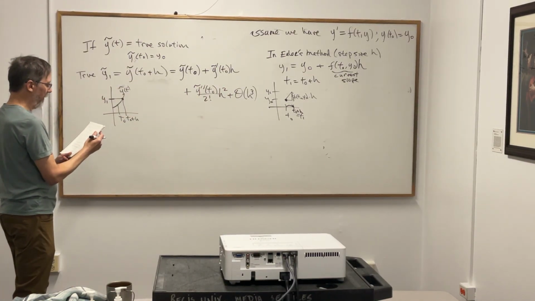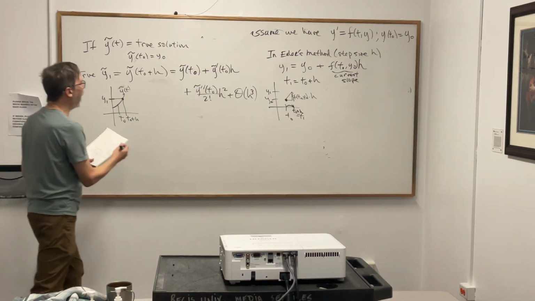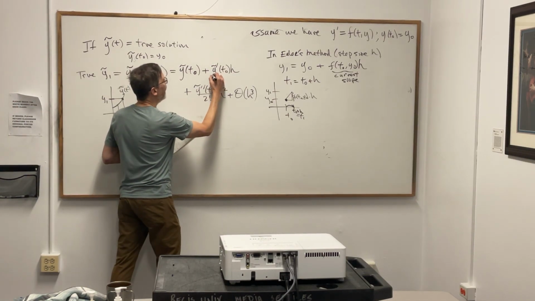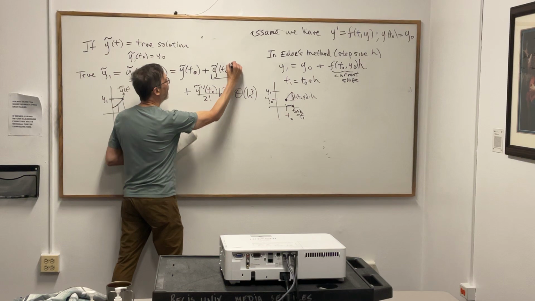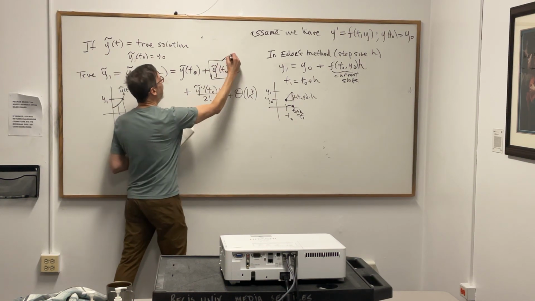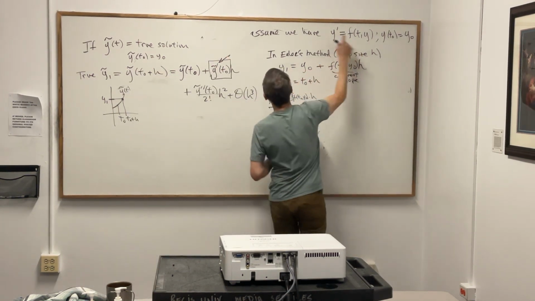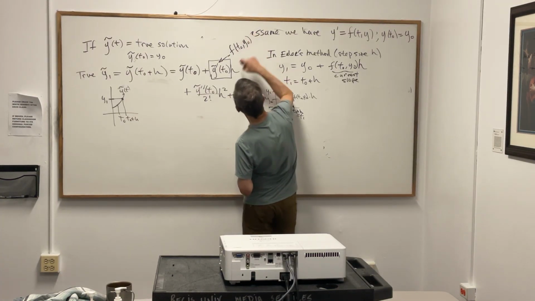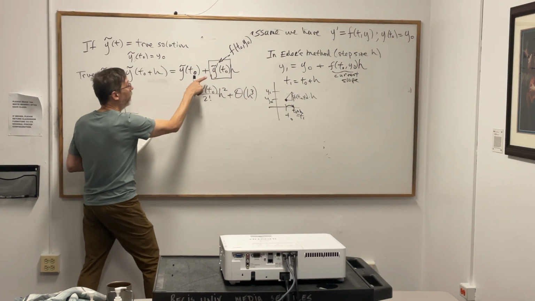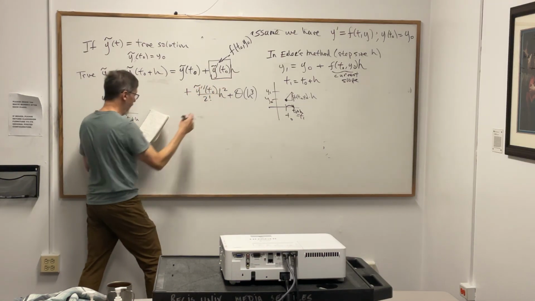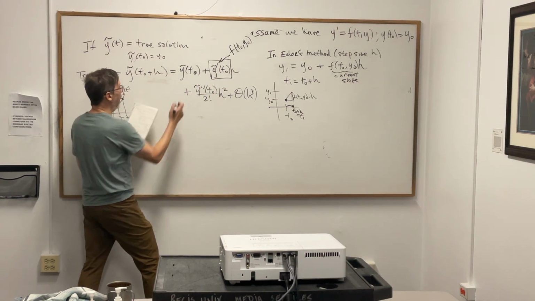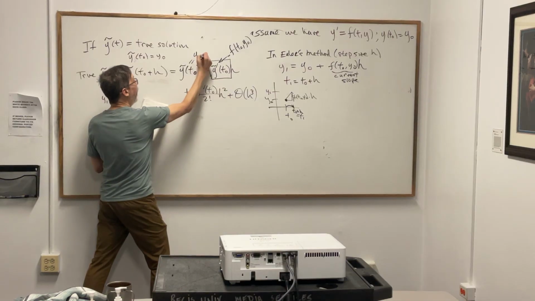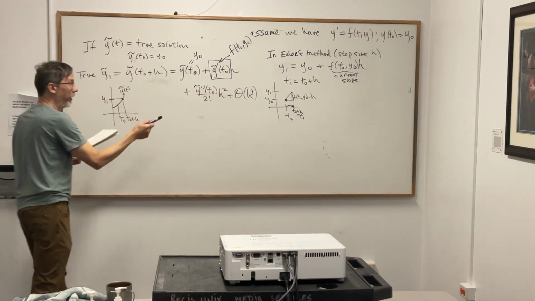So how do you find this thing here? This is provided by this formula, f at t naught, y naught. That's the true value of the derivative, and then we'll have it times h. And then this is actually just y naught, the given initial condition.